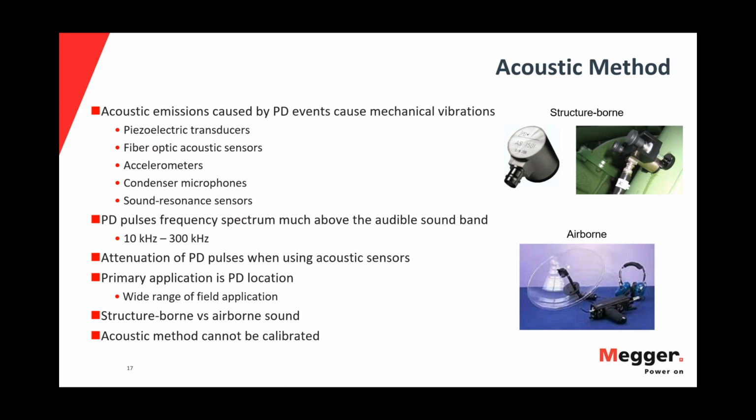These PD pulses usually occur between 10 to 300 kilohertz, and acoustic methods can be measured with piezoelectric transducers, fiber optic acoustic transducers, accelerometers, condenser microphones, and sound resonance sensors. All of them are methods for measuring acoustic.